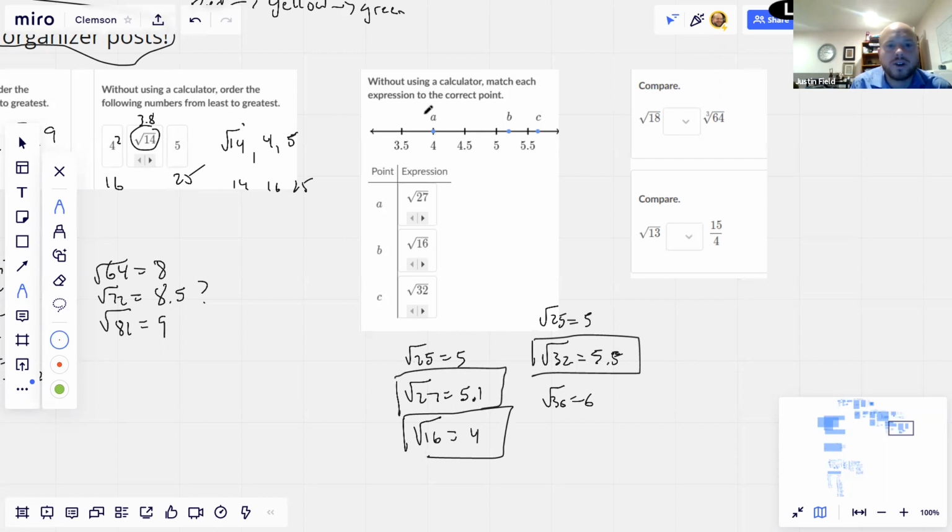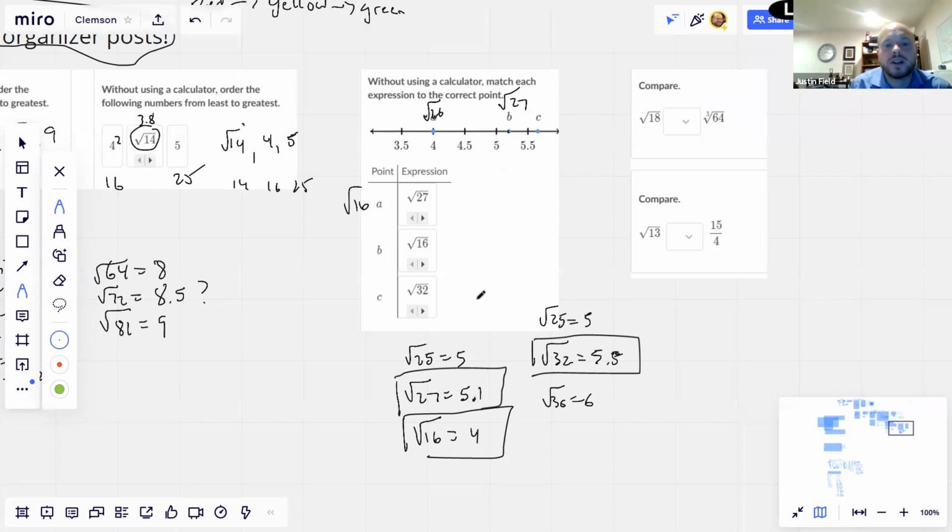So this is the square root of 16. So that's A. A is the square root of 16. And this one, B, that must be root 27 because I said 5.1, but I know I didn't say 5.5 or more.